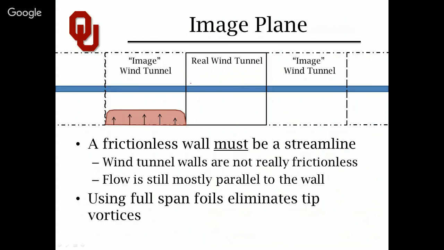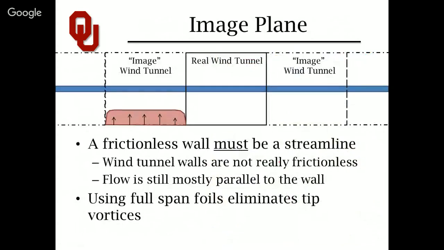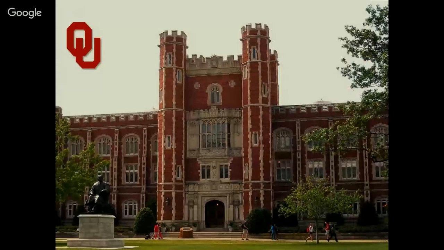You end up with a virtual mathematical image of the same flow scenario on the other side of the image plane. It's really a very, very handy phenomenon, and something that allows us to take a total wing and test airfoil effectiveness without worrying about three-dimensional effects around the tips of the airfoil, and compare one shape to another in a real-world test environment. So, that brings us to the end of this lecture.